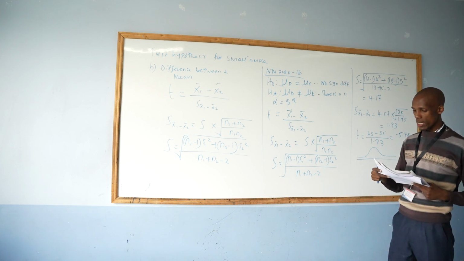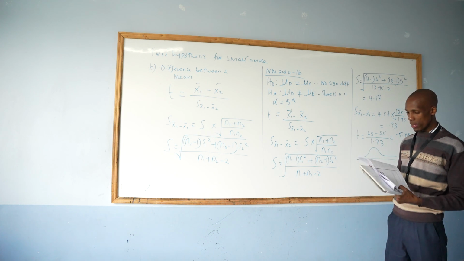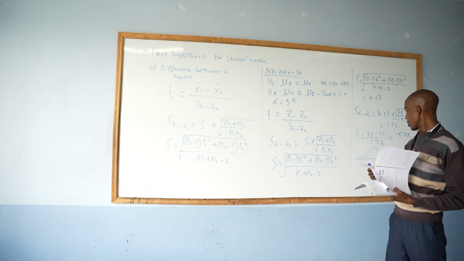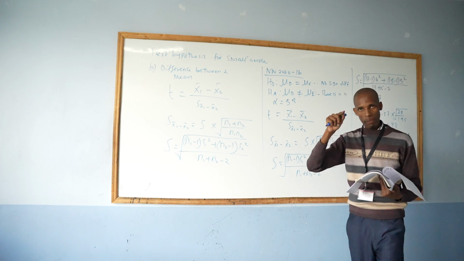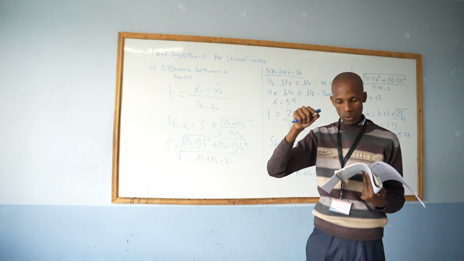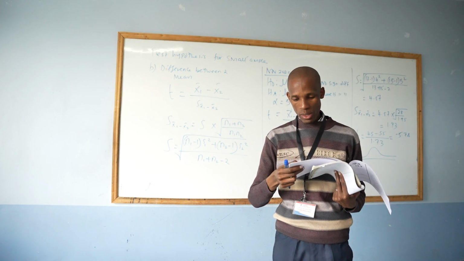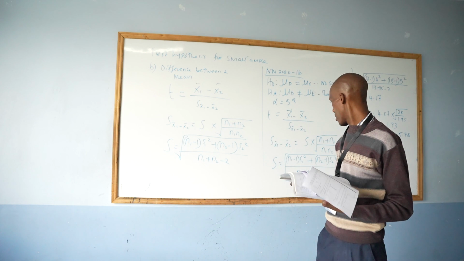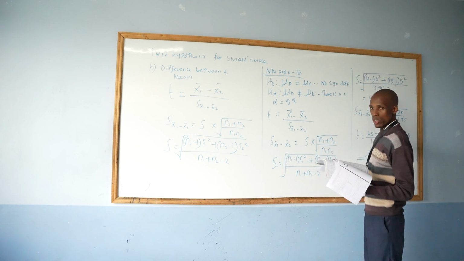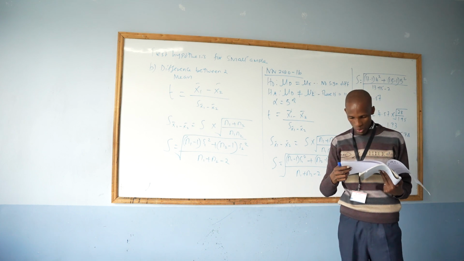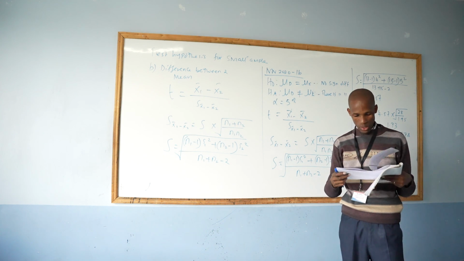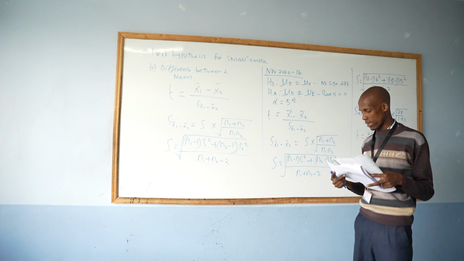So you go to the t tables. Our t table is given there. You check 0.05, two-tail. Remember, the t table has one-tail and two-tail. For the two-tail at 0.05 against 13 plus 15, 28 minus 2, which is 26, you get 2.056.